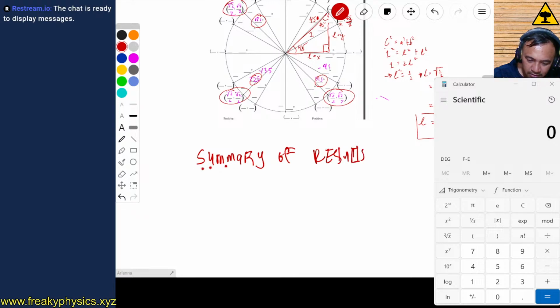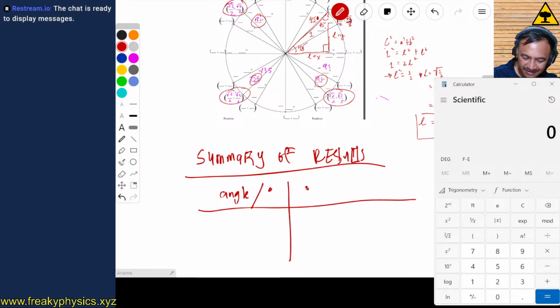Basically this is what I'll do. The angle, in degrees, this is the x coordinate for the unit circle, and this is the y coordinate.